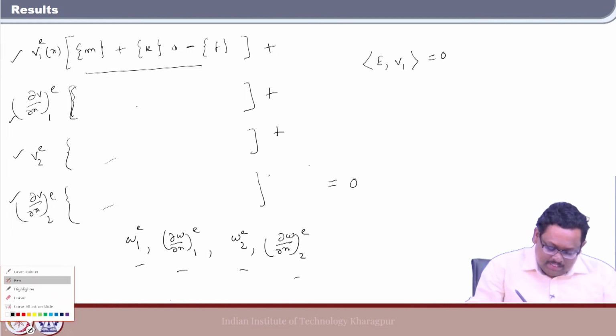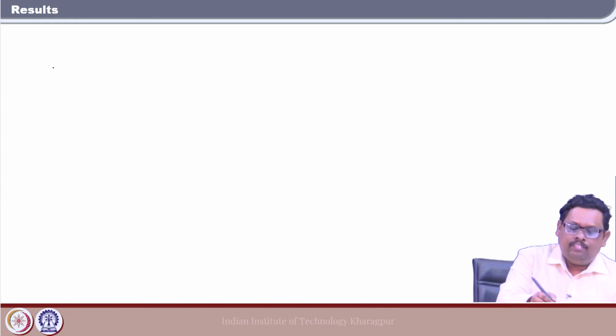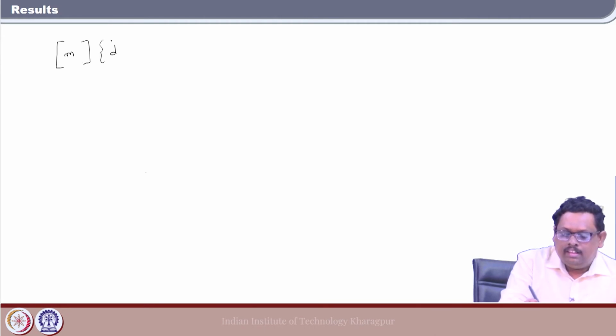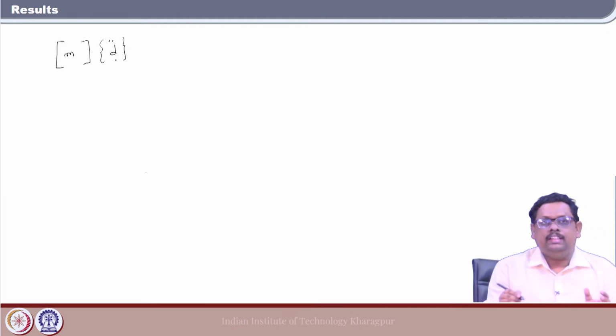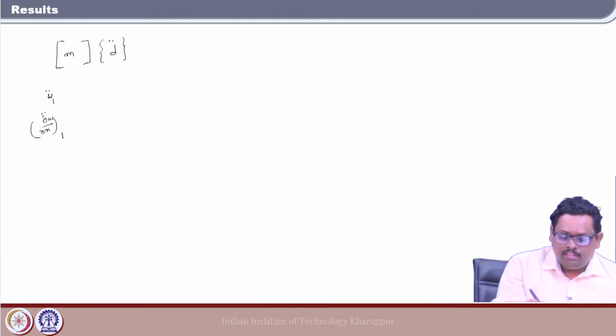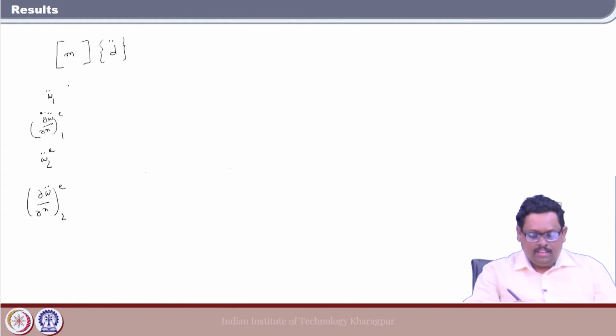If you want to write in matrix form, then definitely you have a matrix M, and then I just write D double dot, because you see D double dot means it is a column matrix: W 1 double dot, del W del x for element E double dot, sorry, then W 2 double dot, and then del W dot by del x 2 E. So, I have these 4 elements, right.